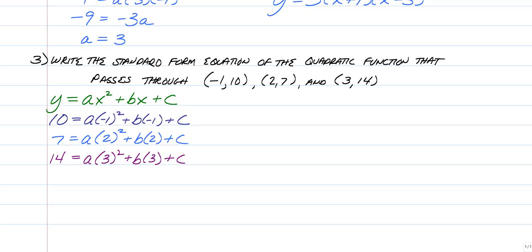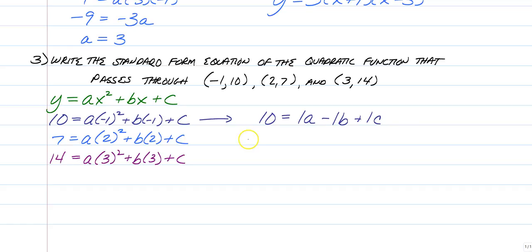Now, all of these are going to need to be converted a little bit. So we would actually write this one as 10 is equal to 1a minus 1b plus 1c.